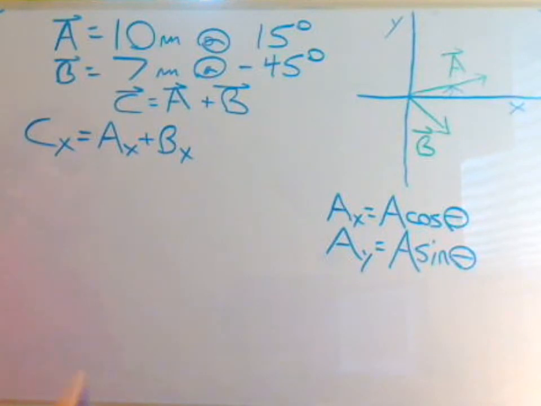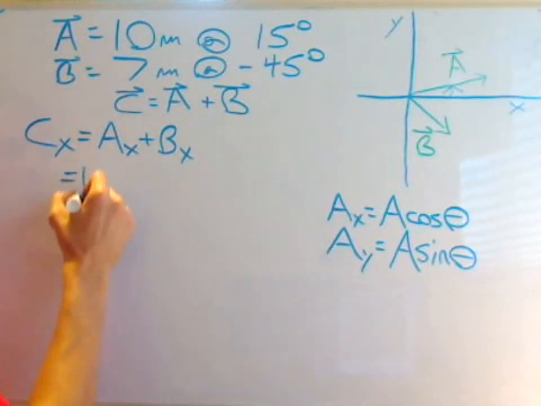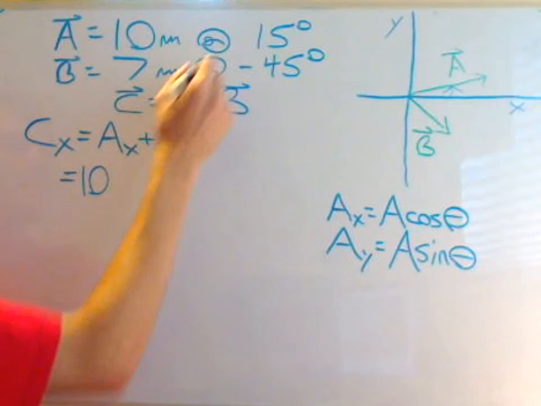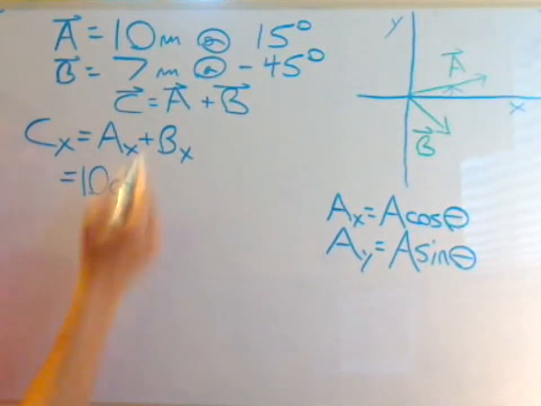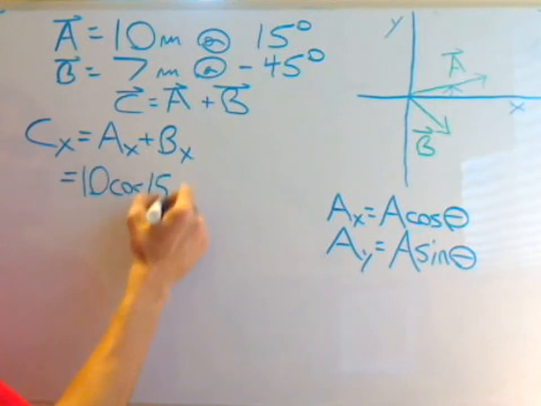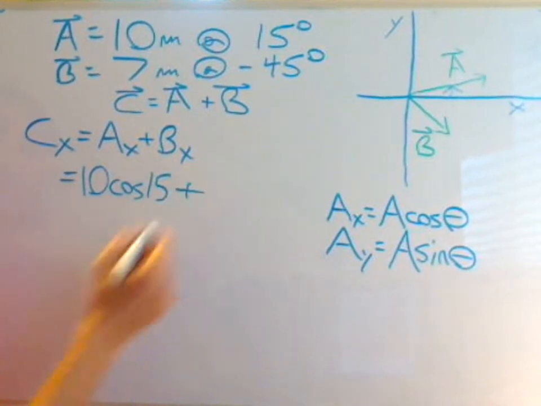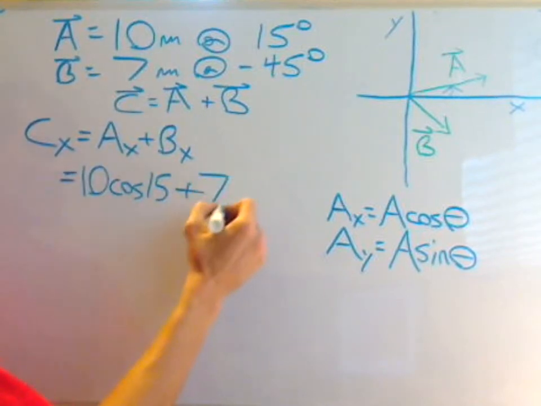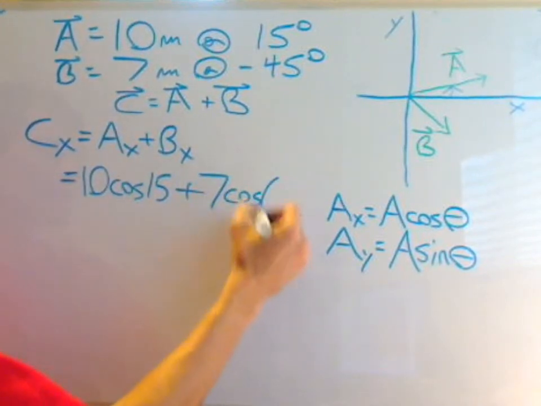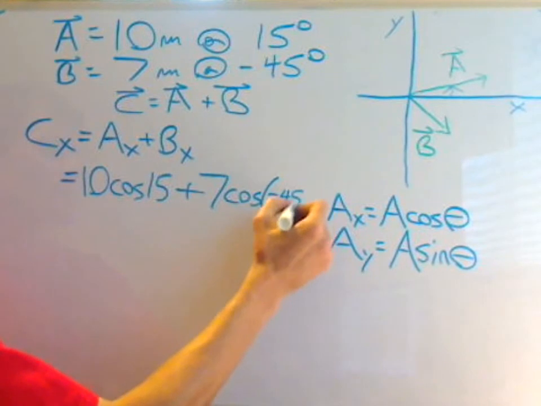So if we do this, then the x component of vector A is the length of vector A, 10, times the cosine of its angle with the x-axis, which is 15 degrees. And the x component of vector B is its length, 7 meters, times the cosine of its angle with the x-axis.